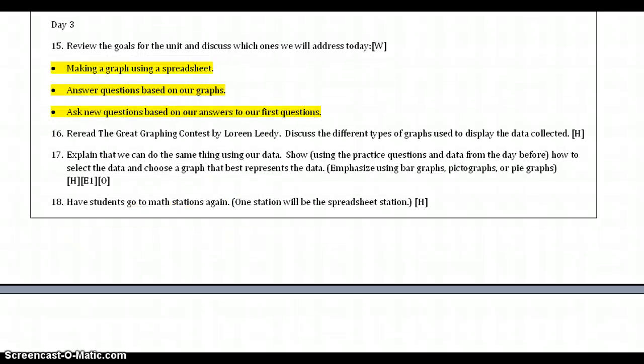The final day, day 3, we would go over the goals, and today we would be making graphs using spreadsheets, answering questions based on our graphs, and asking new questions based on our answers to our first question. So again, I'd be reading The Great Graphing Contest, only today we'd be discussing the different types of graphs used to display the data collection.